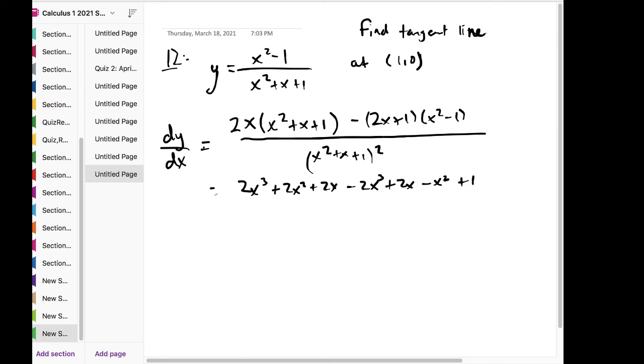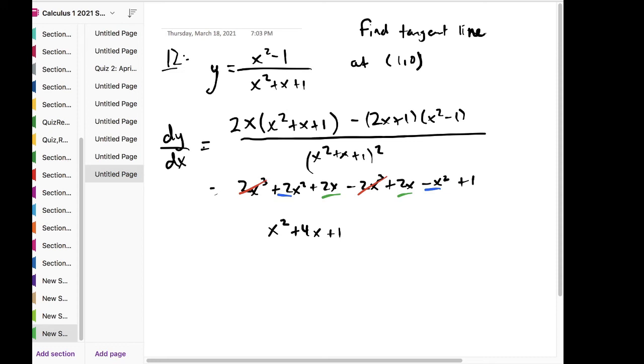Okay, so cancel, cancel. Okay, that cancels. So what we have left is negative x squared. Well, they combine. We get x squared plus 4x plus 1.